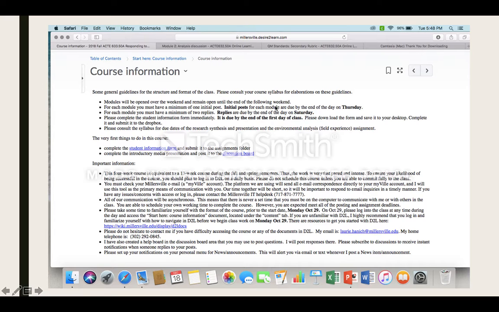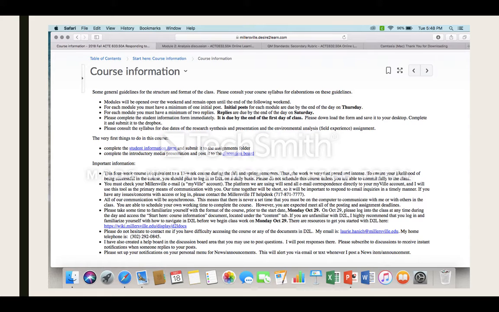So right here is course information. It says up at the top here, start here, course information. So there was a little tab of exactly how the course will be run, a few things that we needed to know, as well as the professor's email, the Millersville IT help desk, the professor's phone number, start dates, end dates, due dates, and then specifically the modules, when the initial posts were going to be due, and how we were going to have to communicate with our peers, 2 replies as a minimum to peers.